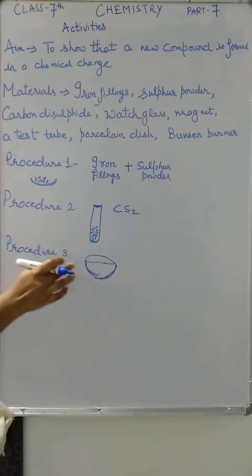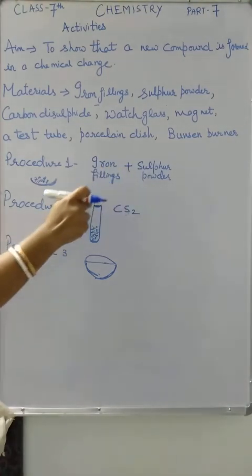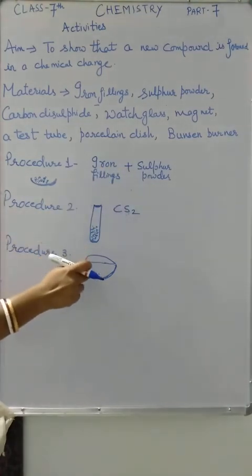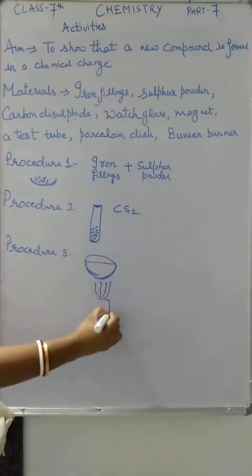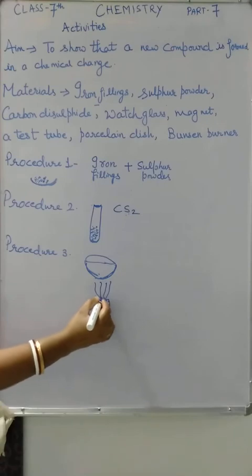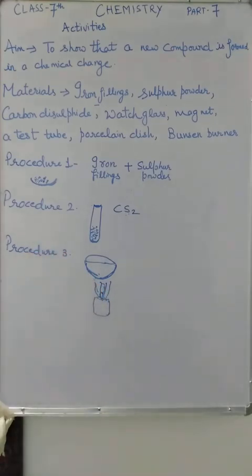You have to take this mixture of iron filings and sulfur powder in a porcelain dish and heat it for some time on a Bunsen burner. This is a Bunsen burner. On heating, a grey mass will be formed.